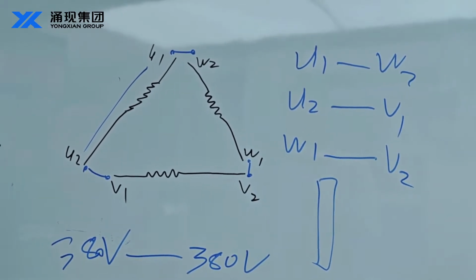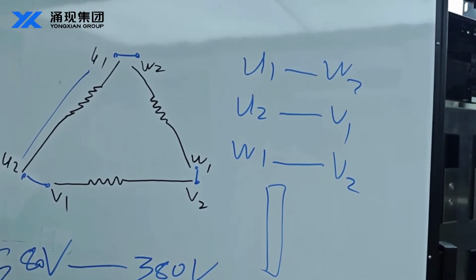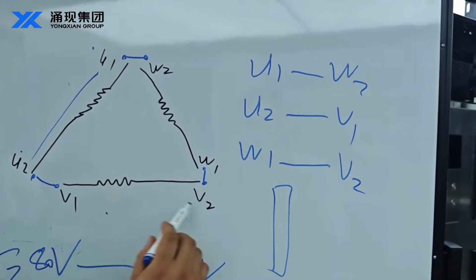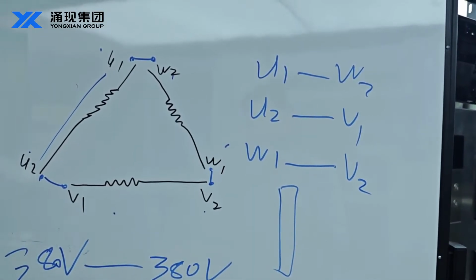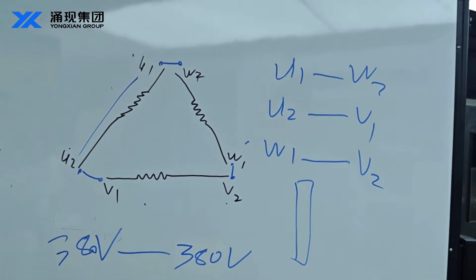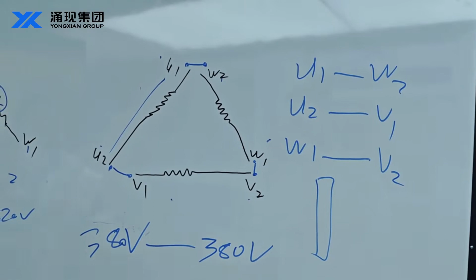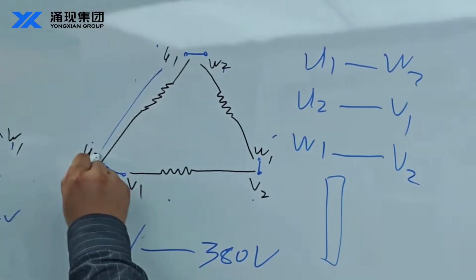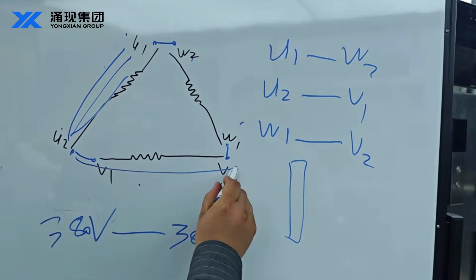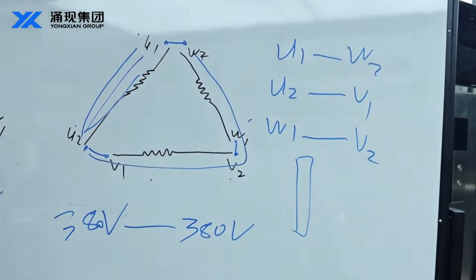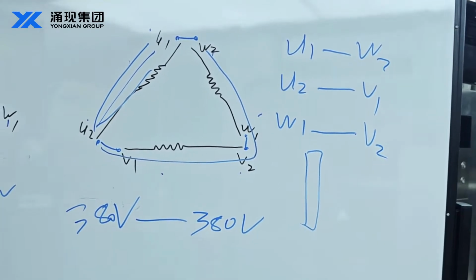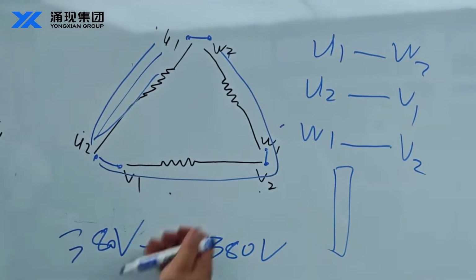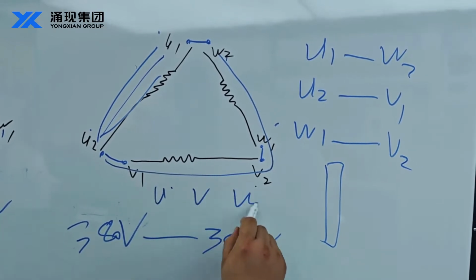If we don't take apart the connection links, the resistance we can measure is between U2 and V1, U1 and W2, and W1 and V2. This gives us the total winding resistance, since each winding is connected through its neighbor, so we measure two windings together.